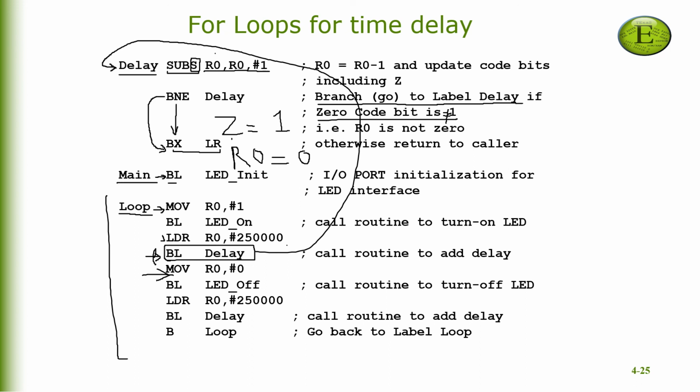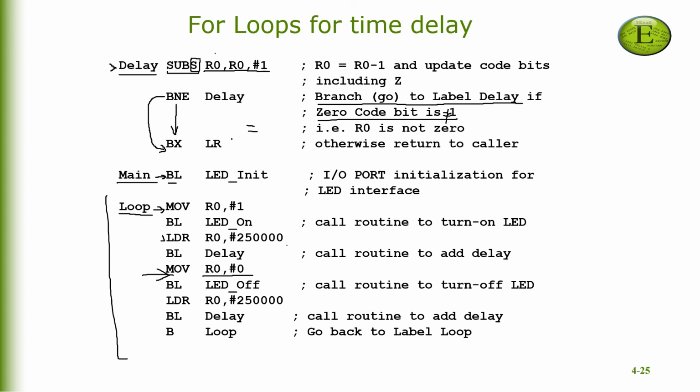Once that's executed, we return to the instruction after the BL delay, and then we are going to move the value R0 equals 0. What is the purpose of this value? Setting R0 equal to 0 is with the intention to turn off the LED.